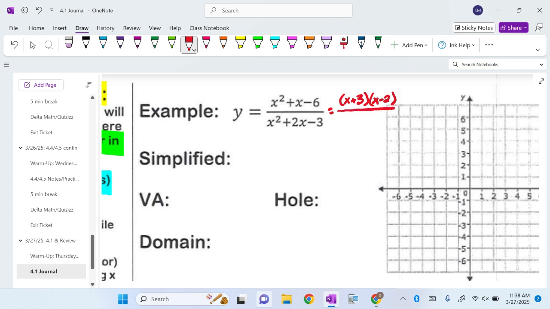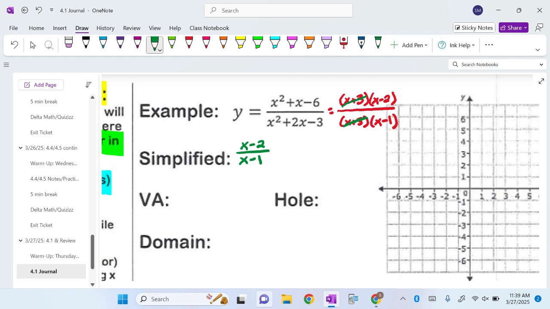And you could do big X too if you need to, but we're trying to do this quickly. What are two factors of -3 that add to 2? +3 and -1. So this would be x plus 3, x minus 1. If I'm simplifying, what factors can I cross out? X plus 3. So these go away. I'm left with x minus 2 over x minus 1.